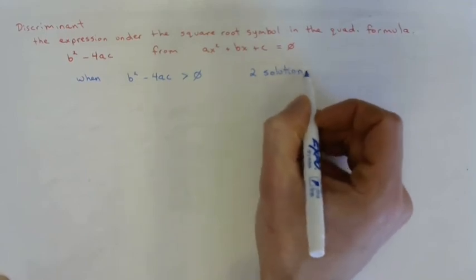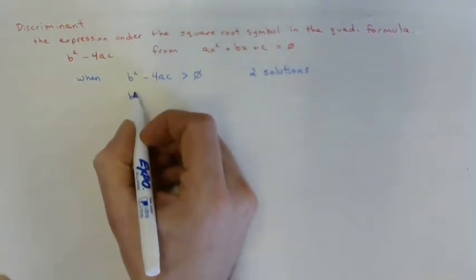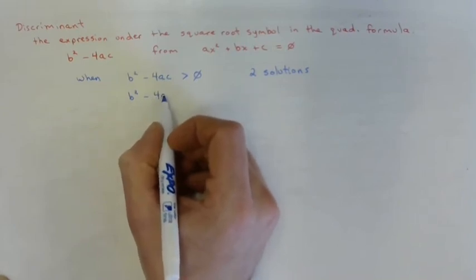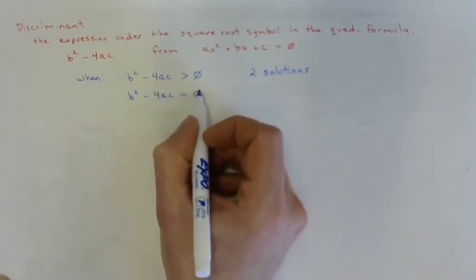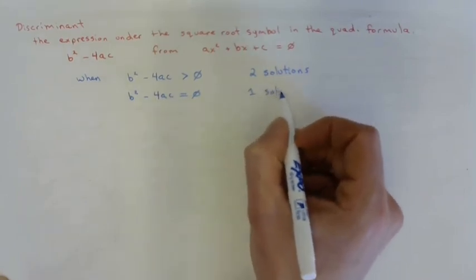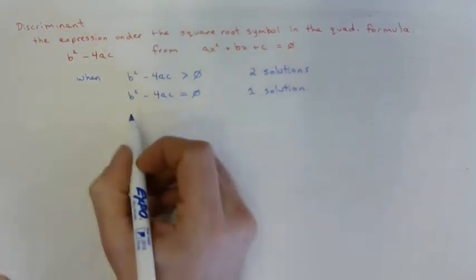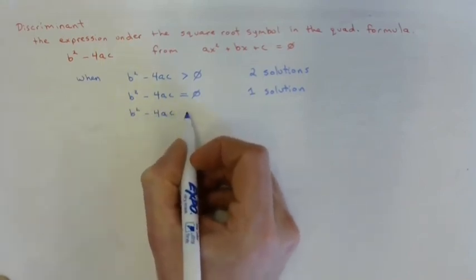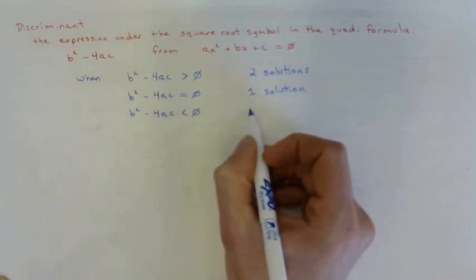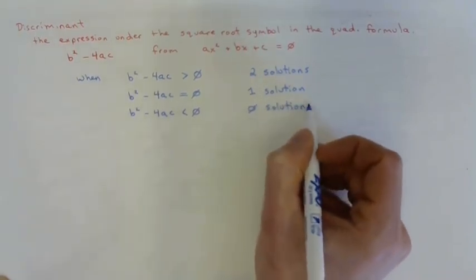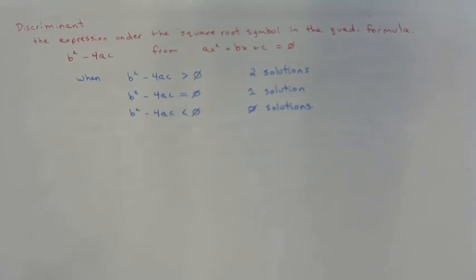What about when the discriminant is equal to 0? One solution. What about when the discriminant is less than 0? Zero solutions.